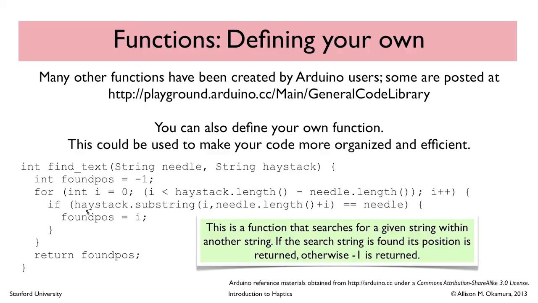And then it keeps checking for each value of I. If there's some substring which is equal to needle, then it makes found_pos equal to the value of I. And I is keeping track of where you are as you march through the haystack. And then it would get that value, and then it would return that value there. So a little bit of a complicated function, but something that's worth showing as a good example of defining your own useful function to accomplish some task that might not come with the standard Arduino code.